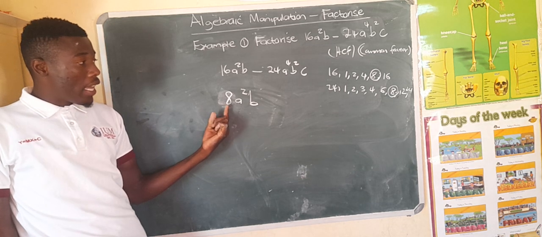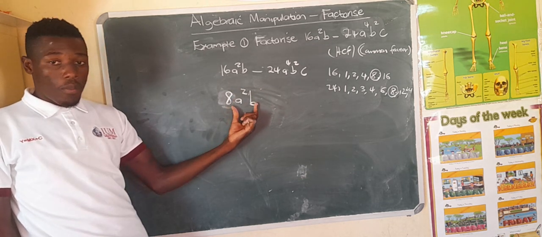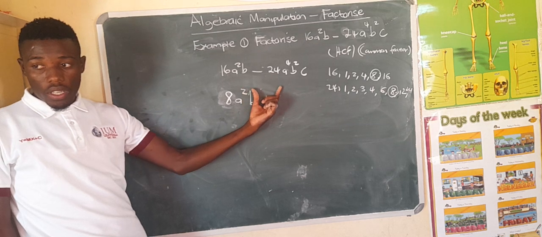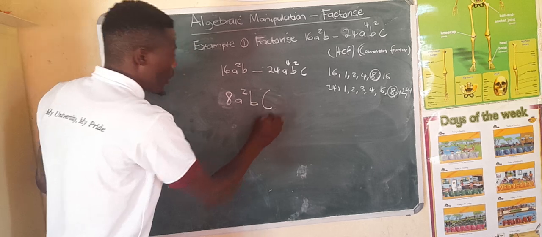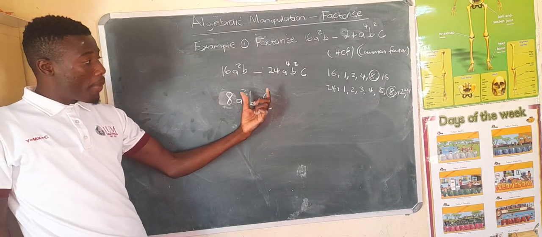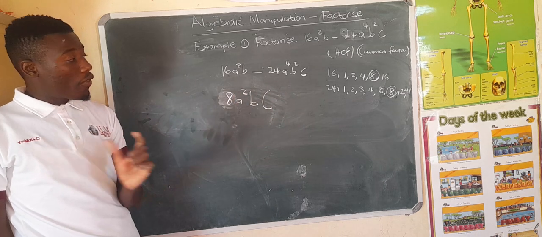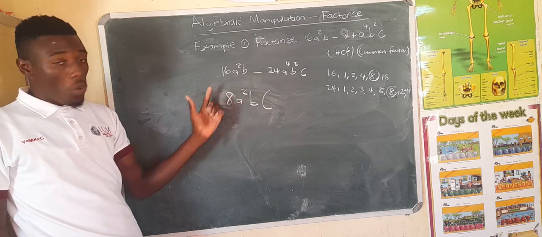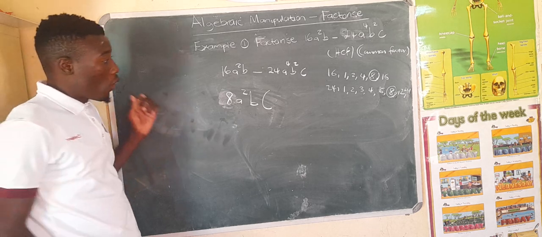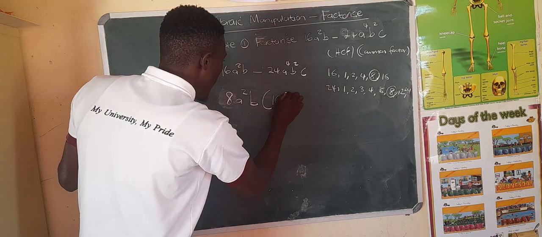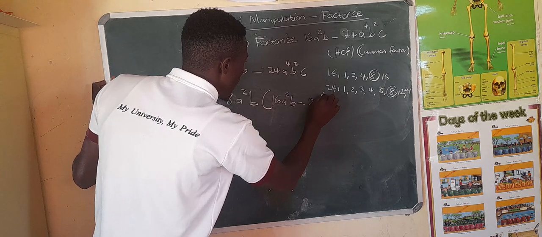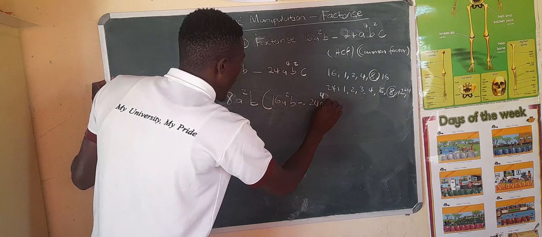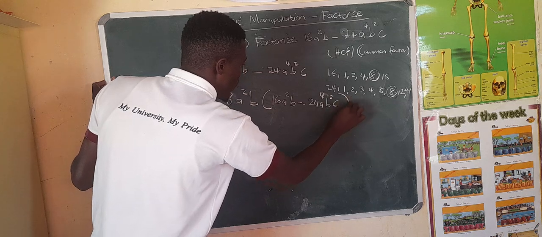The highest common factor of the coefficients and the highest common factor of the variables must be outside the bracket. Now, the expression inside the bracket, you will obtain it after you have divided each term with the highest common factor. Then we have 16a squared b minus 24a to the power 4, b squared, c.